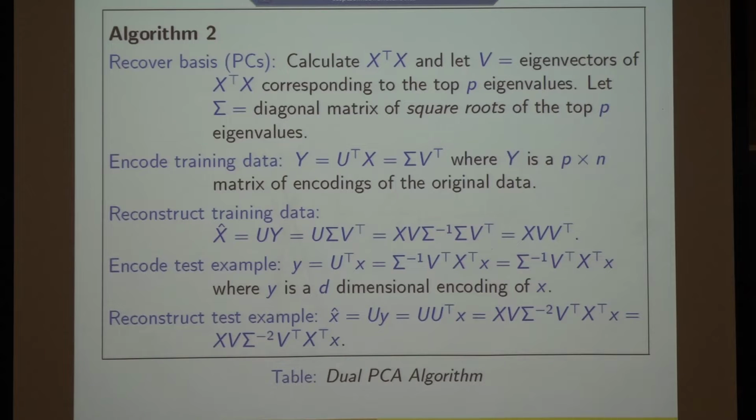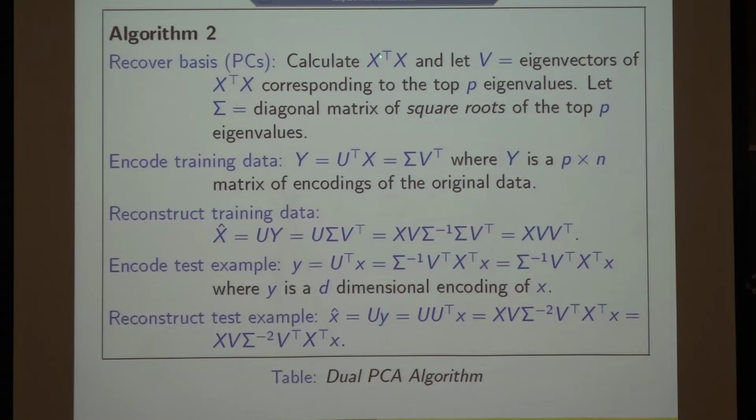Because you can replace each x by phi of x. You don't know phi, but when you have phi of x transpose times phi of x, you can replace that with a kernel. So what can I do here to make it nonlinear? Yes? When you compute X transpose X, you just replace it with the kernel value rather than the dot products? Exactly, yeah.